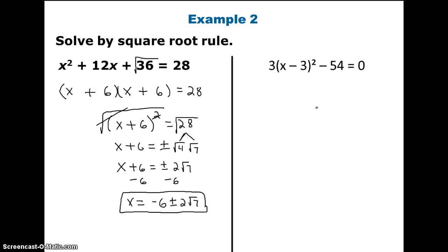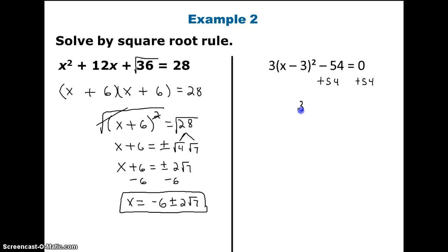And for the next one, notice we already have the binomial squared. So we can use the square root rule. But we have to get the binomial squared by itself. We cannot have numbers outside of the parentheses. So I'm going to add 54 to both sides. So this cancels.